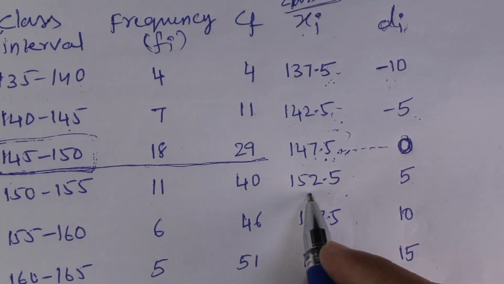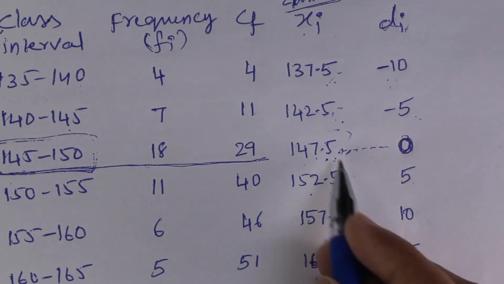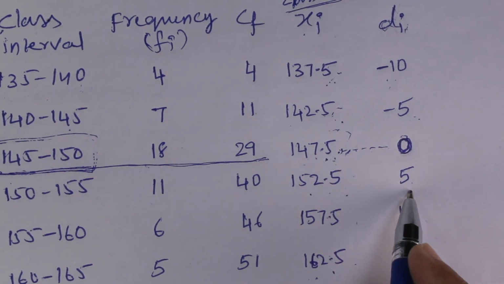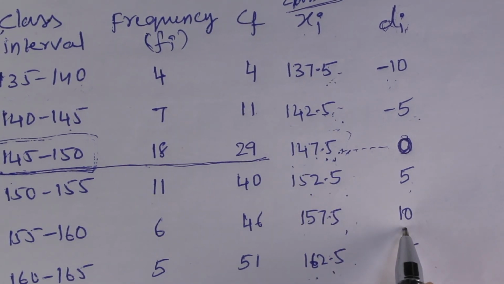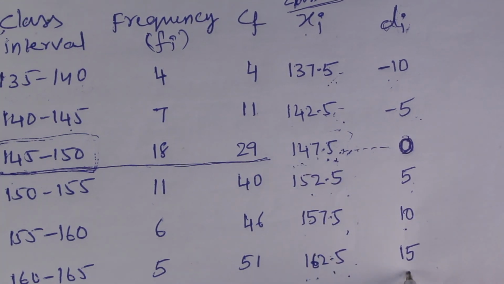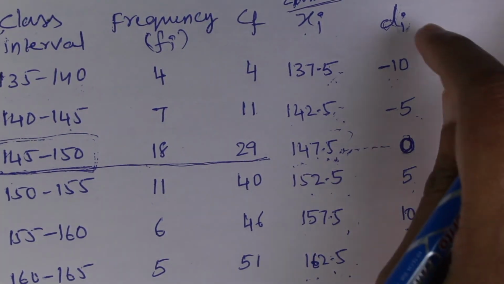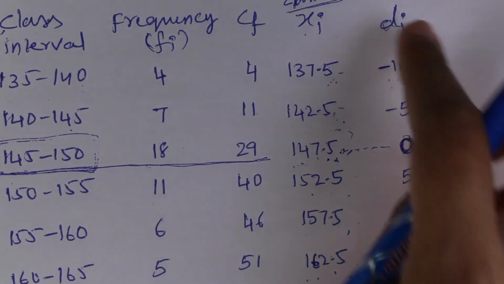For the next, 152.5 minus 147.5 is 5. 157.5 minus 147.5 is 10. And 162.5 minus 147.5 is 15. In this way we have calculated the distances from the assumed mean, 147.5.